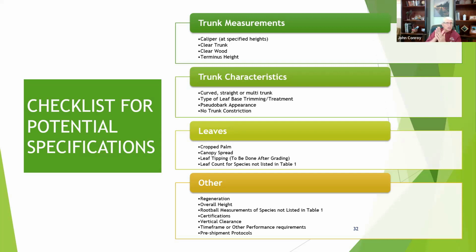So here's a potential checklist that we might use for measuring trees. And again, as much as we can, we want to quantify this, because the further we get away from subjectivity and defining the tree, the better off we're going to be.